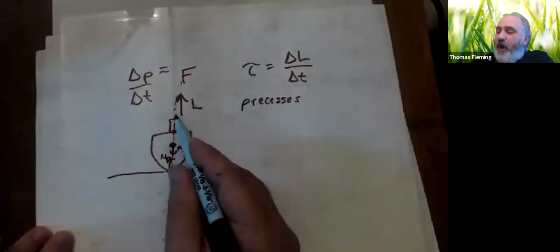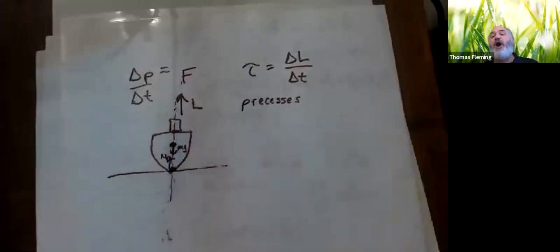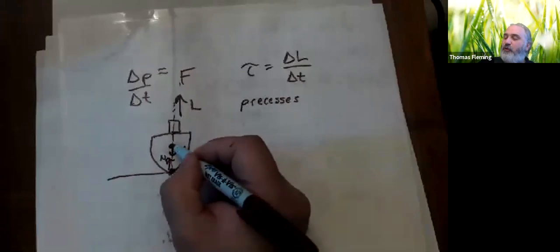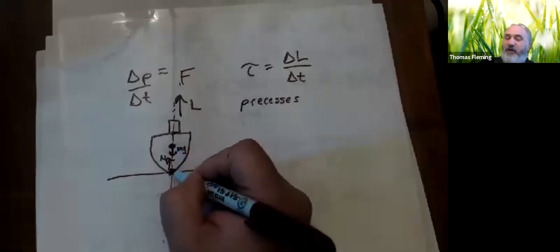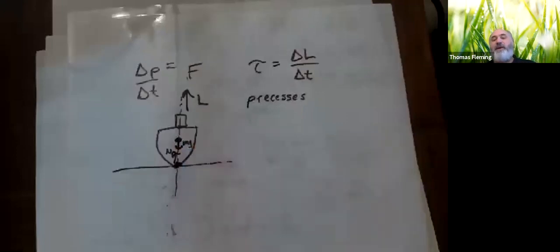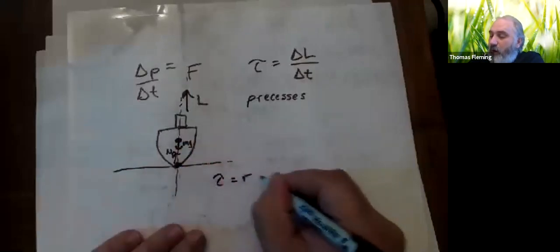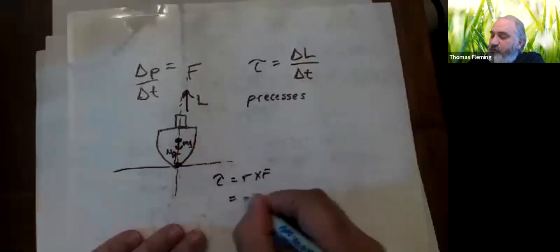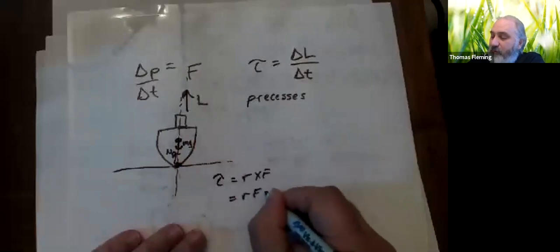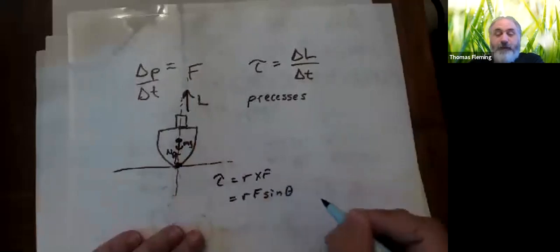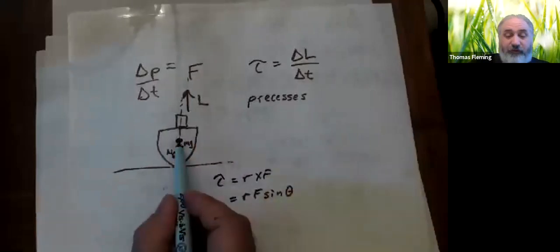Now, if my top were perfectly balanced, and I mean perfectly balanced, so that mg was directly above the place where the top is touching the ground, then even after the top stopped spinning, it could still balance there because the torque, R cross F, which would be R times F times the sine of theta, would be zero for that force.